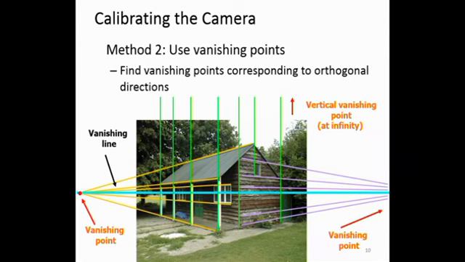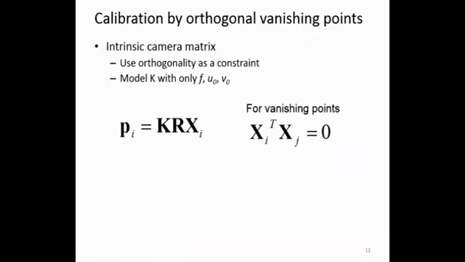In order to solve for all three parameters, we need there to not be an infinite vanishing point, but let's just assume we have three finite vanishing points for now. We've got p, which we know, and we don't know X, R, or K. We're going to solve for K. And if I assume that these vanishing points are in the x, y, and z directions, then I can also solve for R.